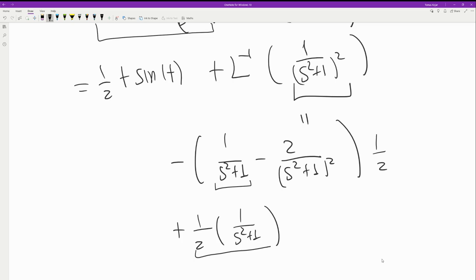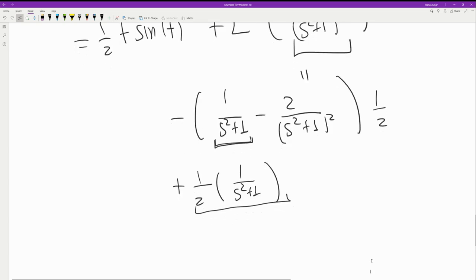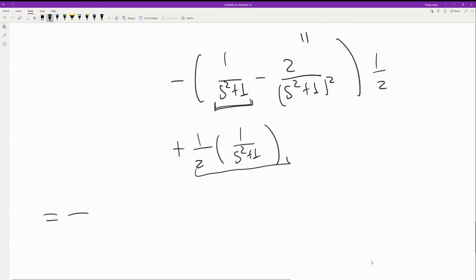Okay, so I added and subtracted the term I want in order to get t cosine t. Okay, so let me write it here. Minus a half t cosine t.